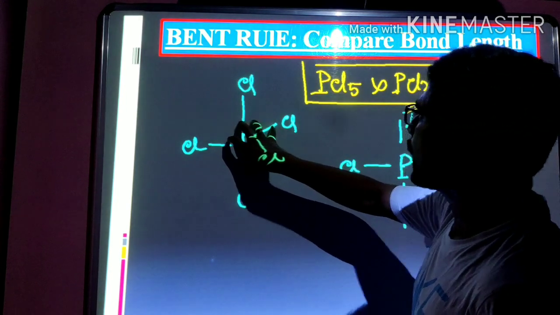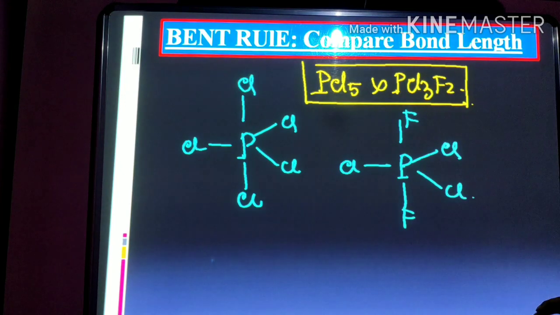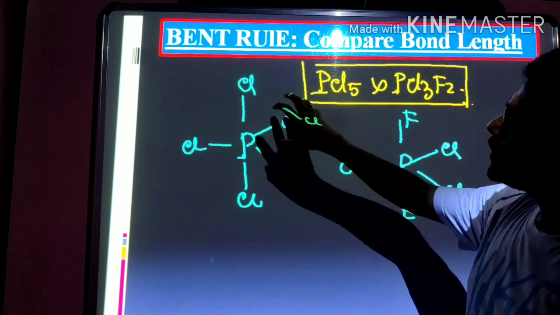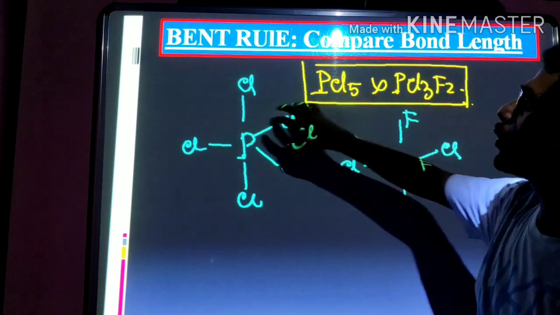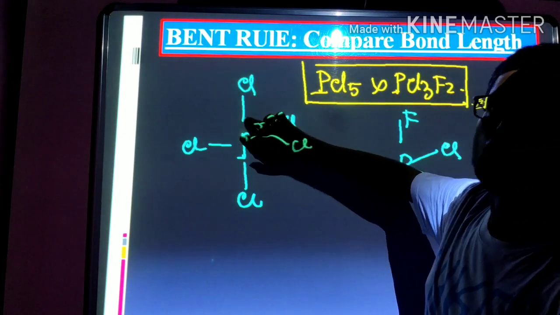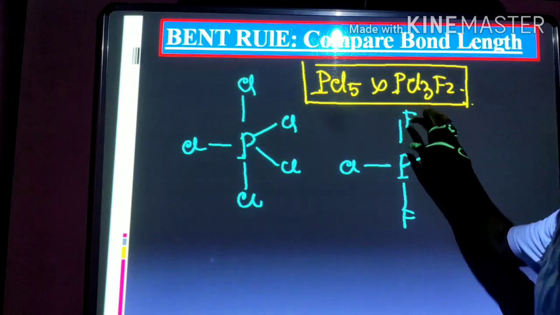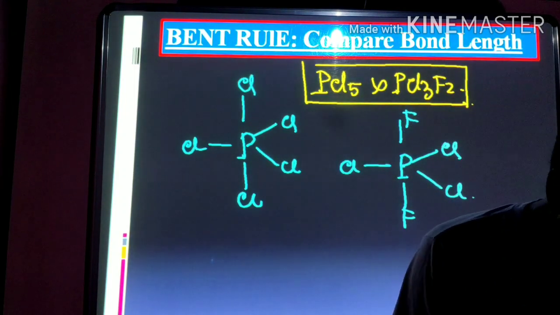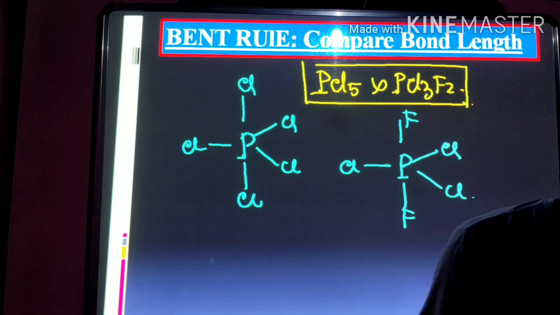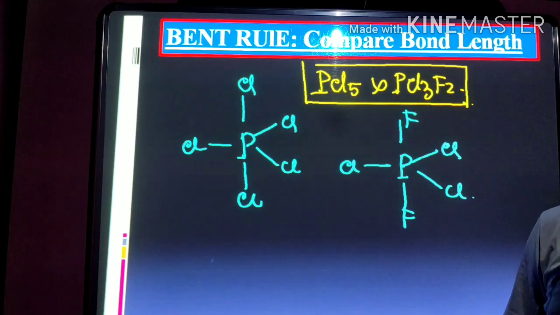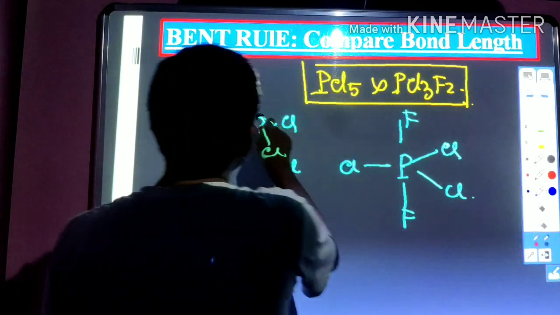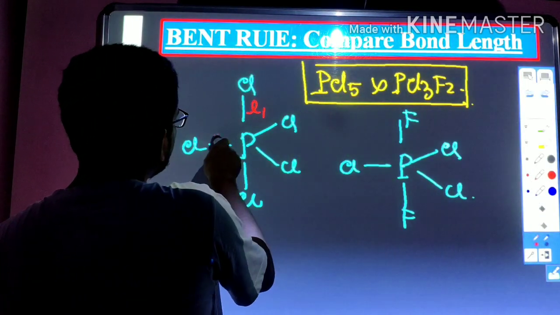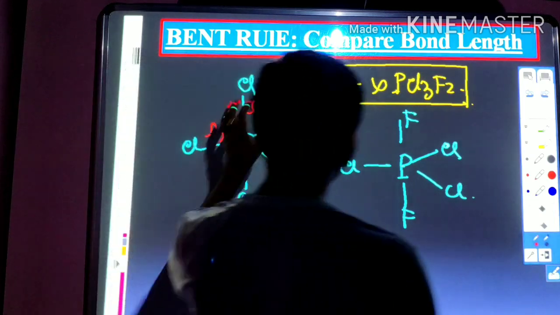The size of Cl is bigger than the size of fluorine, so the axial P-Cl bond will be longer than the axial P-F bond. Say this bond is L1 and this bond is L2. First compare this one.